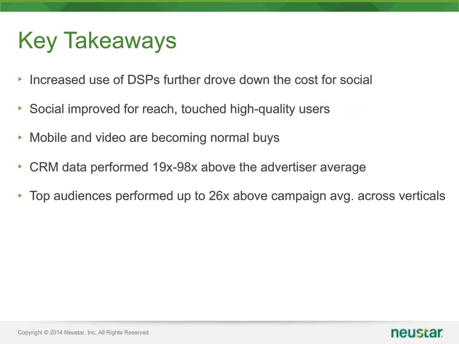So to summarize, what we've talked about today is that marketers are continuing to increase the use of DSPs, and DSPs are also becoming a little more specialized across mobile and video. And the increase of social exchanges of networks used by DSPs, we believe, has also further driven down the cost for social.